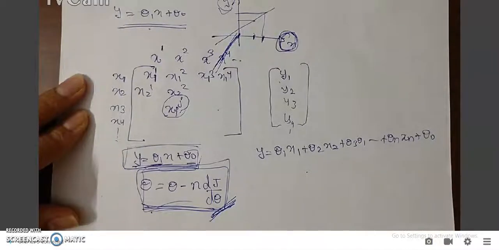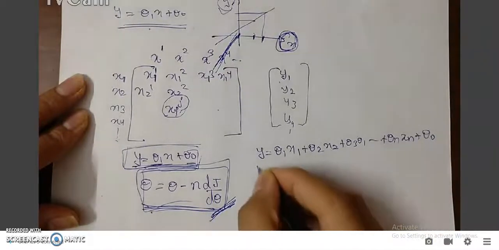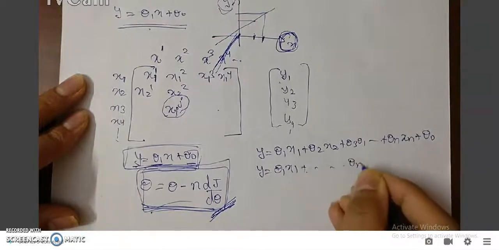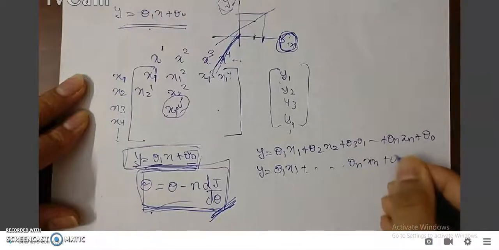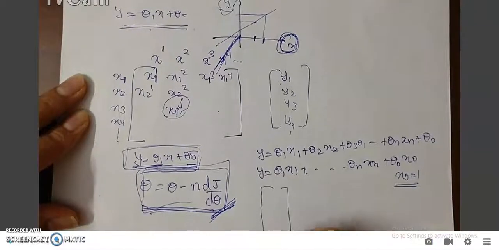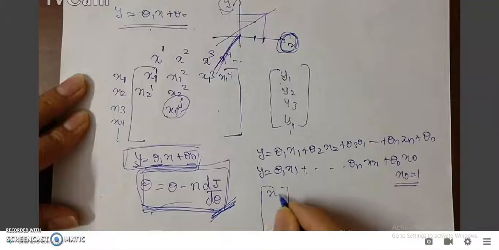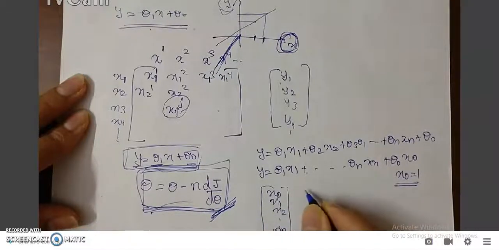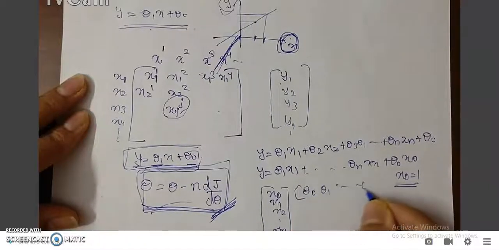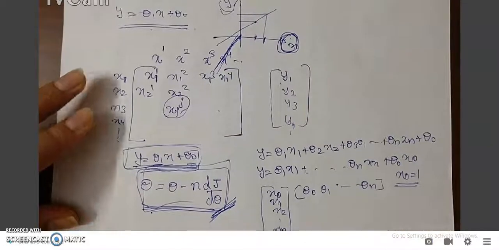This would be the equation for many features. If I rewrite it, I can write theta naught x naught, and x naught can be said to be 1 for now, right? Then what we can derive here is x naught, x1, x2 till xn, and here theta naught, theta 1 till theta n, right?